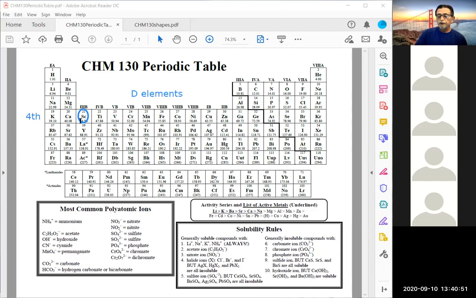Now you have one d electron, so it'll be 3d1, and if we go all the way across to zinc, it would be 3d10, superscript 10. Okay, so if you get to the d elements, bear in mind you've got the d orbitals. Keep track of what period it's in and just subtract 1. That's it. So that's where the 3d electrons come into play, but only when you reach number 21 and go across.